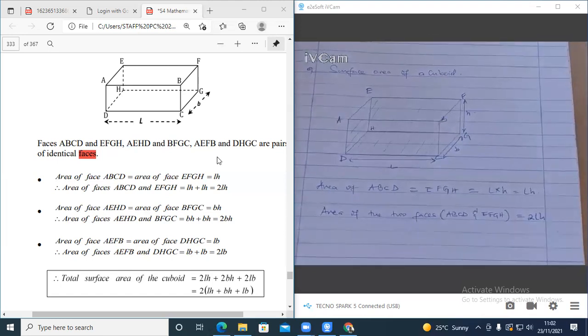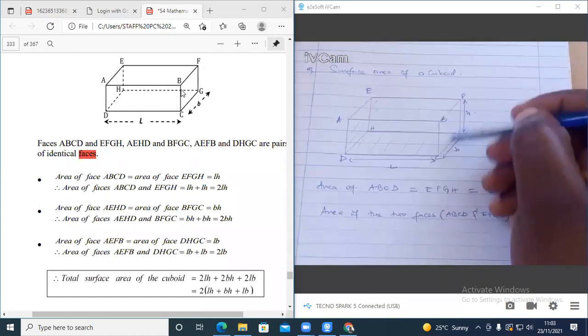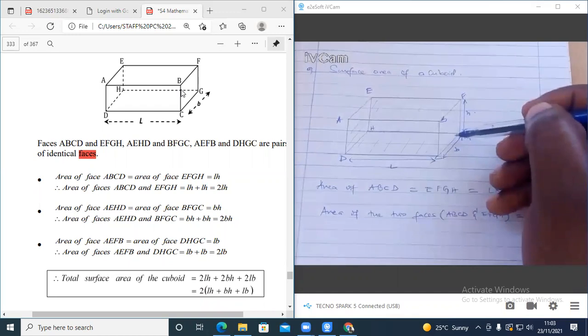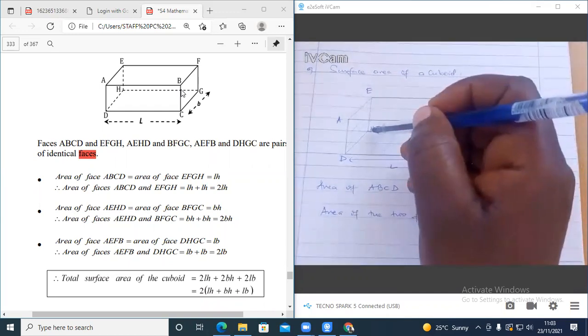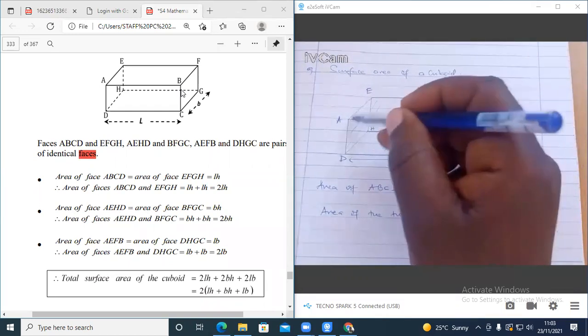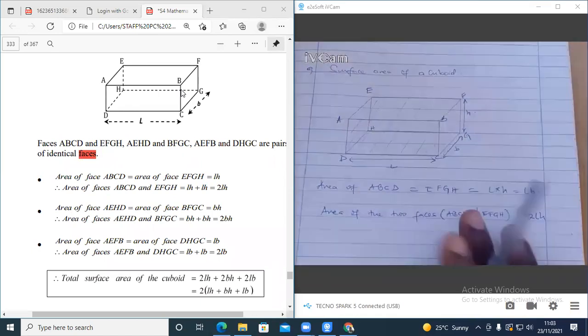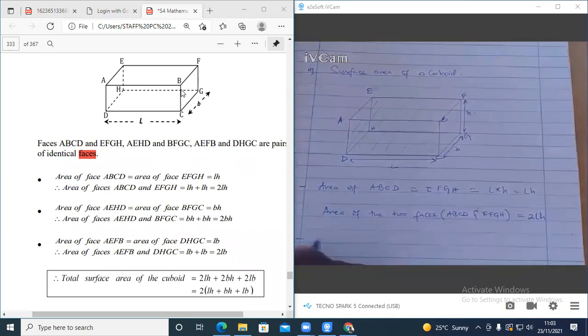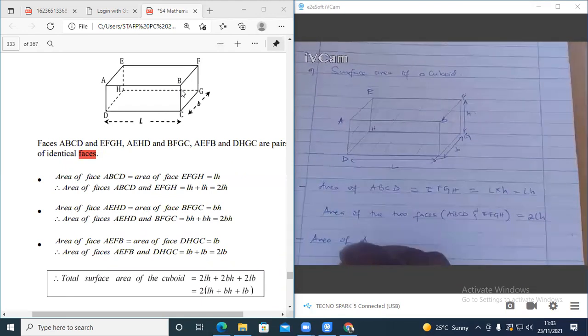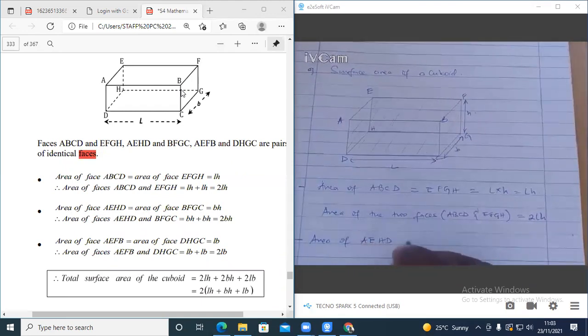So you go ahead and find the area of this other side. Let's say these other ones, AEHD and BFDC. So we find the area of the next ones, AEHD and CFB, the same thing.